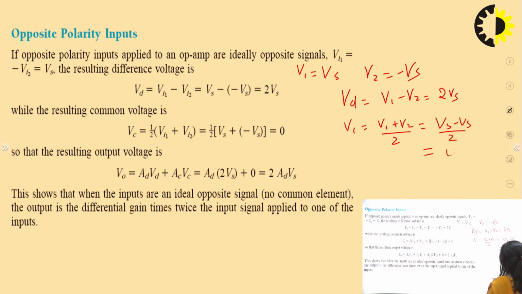It will be 0. So here the total output AdVd plus AcVc would be 2 Vs multiplied by Ad, because here Vc is 0. So the output will be only due to the differential mode gain, and due to the common mode gain it will be 0.